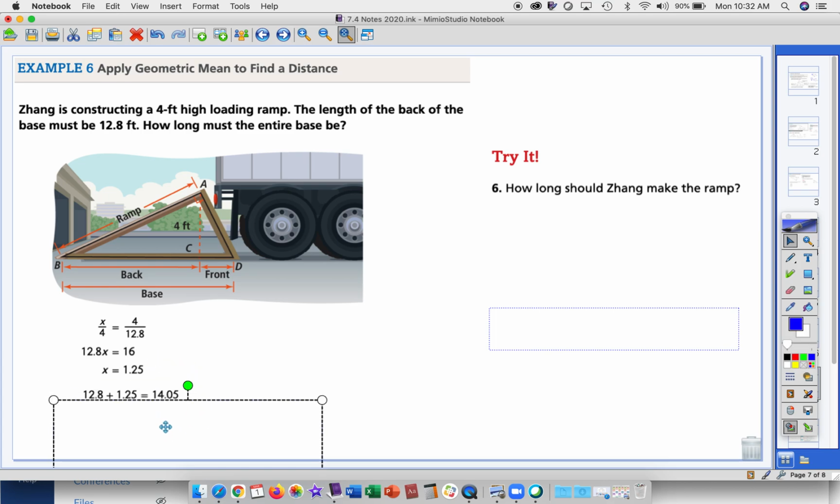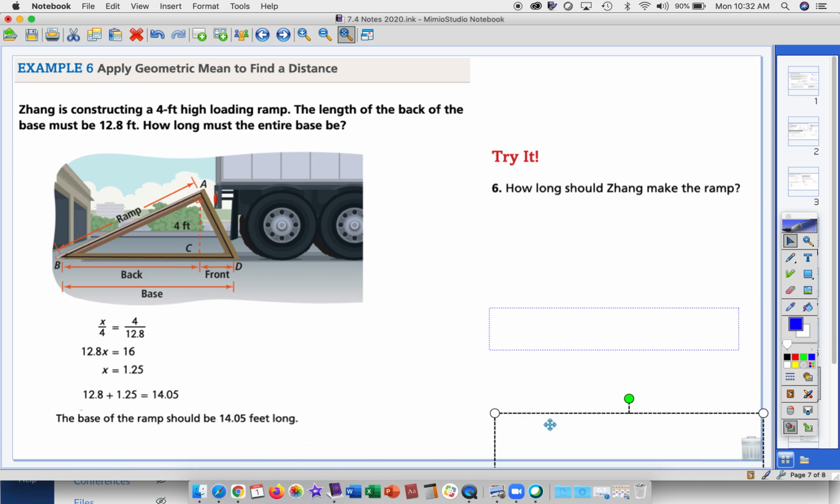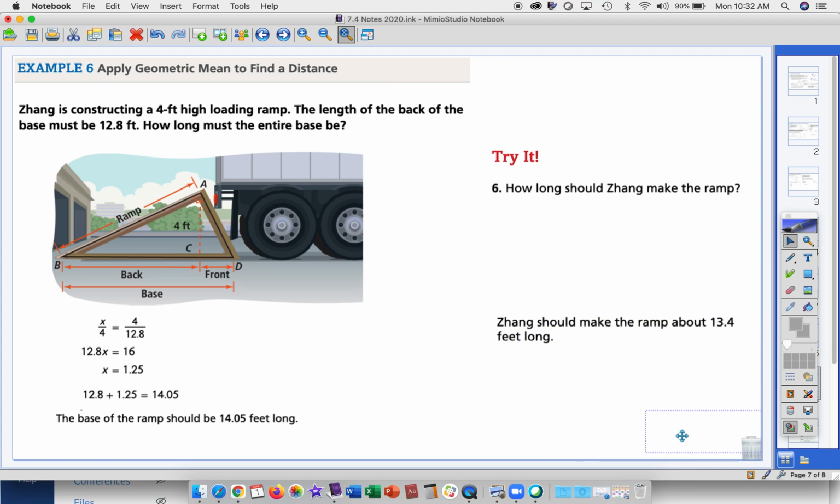So x is 1.25, and when we add that to the 12.8, we end up with 14.05 feet long. For triad number 6, the length of the ramp should be about 13.4 feet. So again, when the problems are involving decimals, then it's okay to give your answer in decimal form.